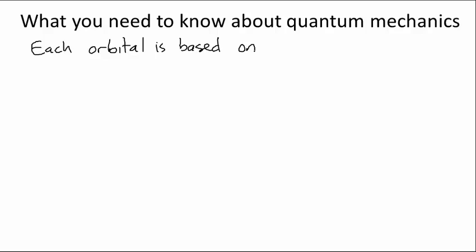What's the underlying thing out of which an orbital is born? Yep. All right. An orbital describes electron density, and where does that description come from? What's beneath that description? A wave function. So each orbital is based on a wave function.